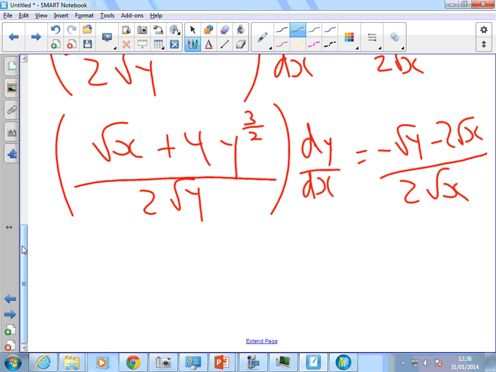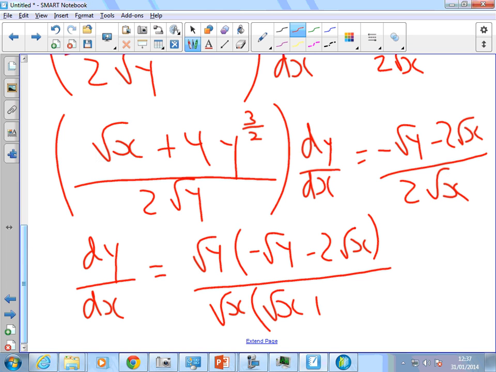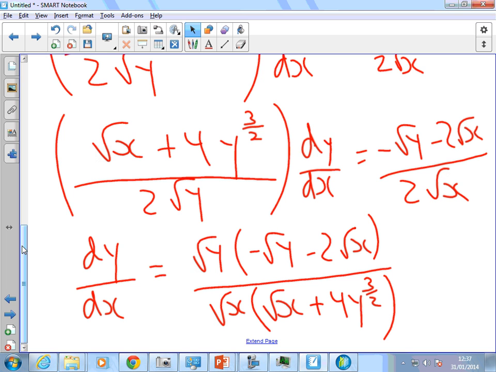So I end up with, now I can leave the algebra to you, because I want to do this in one step. dy by dx is equal to root y bracket minus root y minus 2 root x, all over root x bracket root x plus 4y to the 3/2. If that was too fast, what I'd like you to do is pause the video and check the working out yourself.